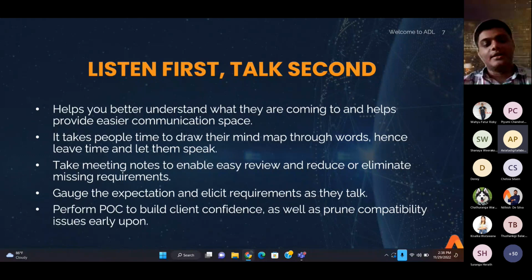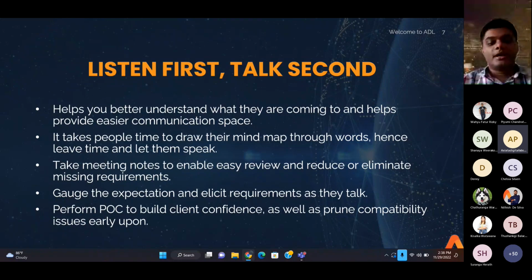You can gauge, but that doesn't mean you need to assume. You just need to provide a solution and see whether what we have gauged as the expectation from them is correct, is ideal. If it is right, then they would be happy. They might not tell you that, but in the way they talk, you would be able to gauge it, and you can provide that, then you can elicit more.